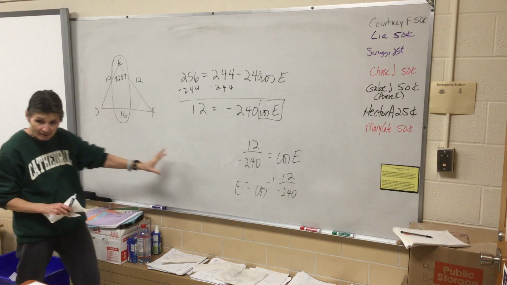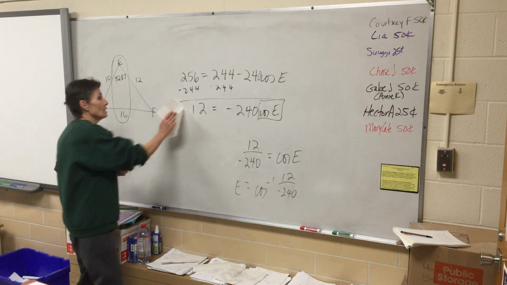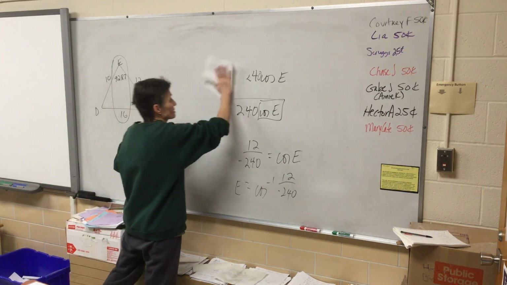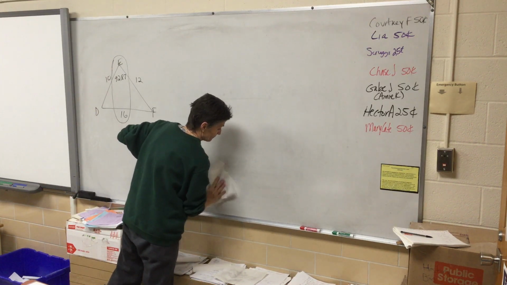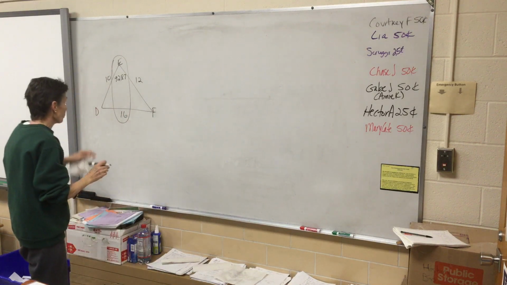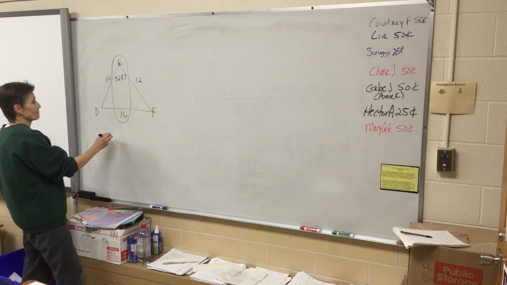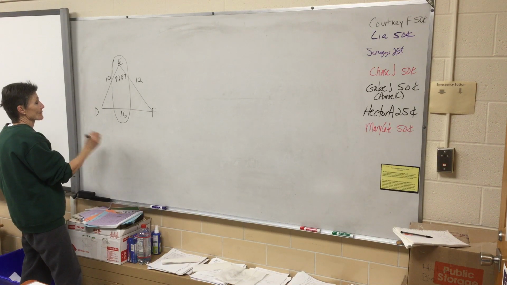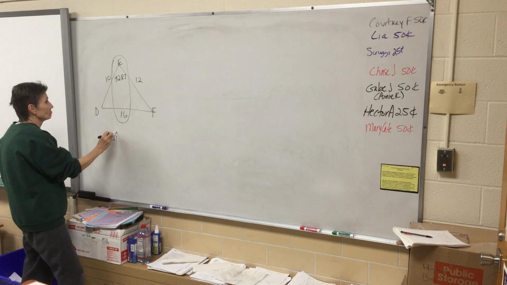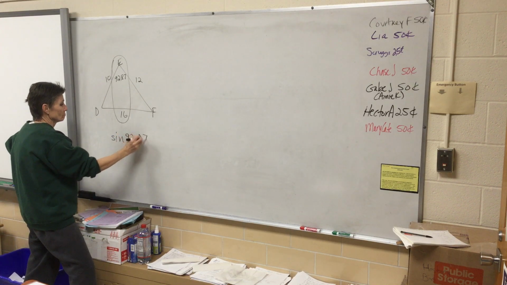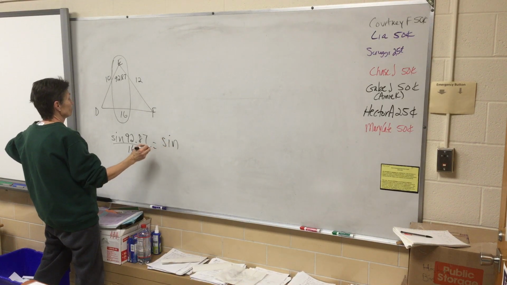Could you repeat the process for angle D? You sure could. But you can also, at this point, use the law of sines. So what will that look like if I decide I'm going to use the law of sines? Sine 92.87 over 16 equals sine D over 12.